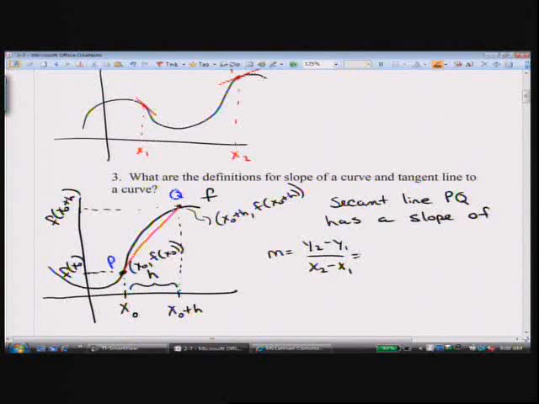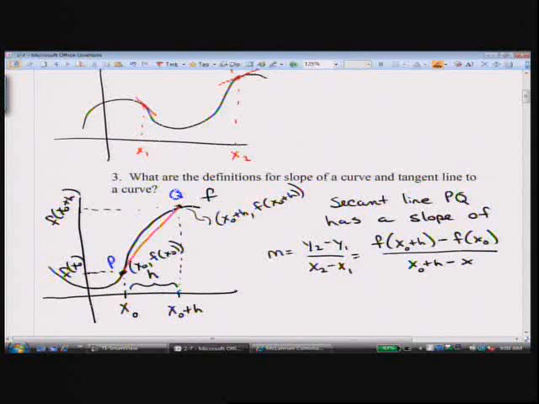So in this case, it's going to be f of x sub 0 plus h minus f of x sub 0 all over x sub 0 plus h minus x naught, right?